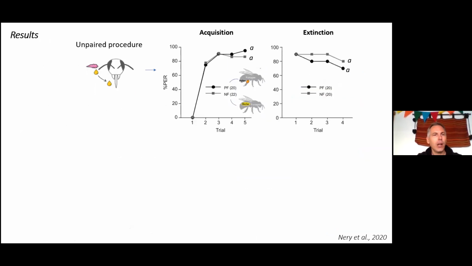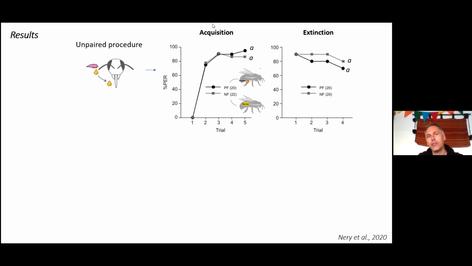So here are our first results, or results from this part. We show you first the procedure in which the bees established the association between the odor and the sucrose solution, because pollen was unpaired.